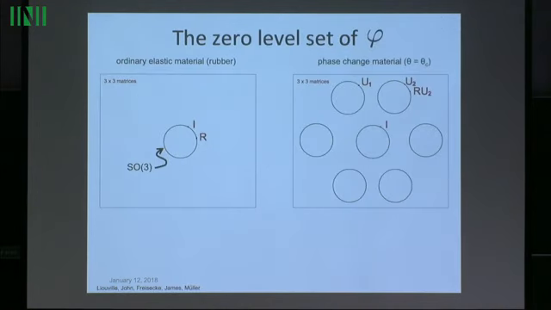That's the key. For example, if you have an ordinary elastic material like a piece of rubber, it would just have one energy well, whereas this phase change material has all these energy wells. If you're going to minimize the energy, in fact, all exact minimizers of the energy without boundary conditions, in this case, are described by gradient y is in SO3. And then, by Liouville's theorem, it means that the gradient of y is constant.